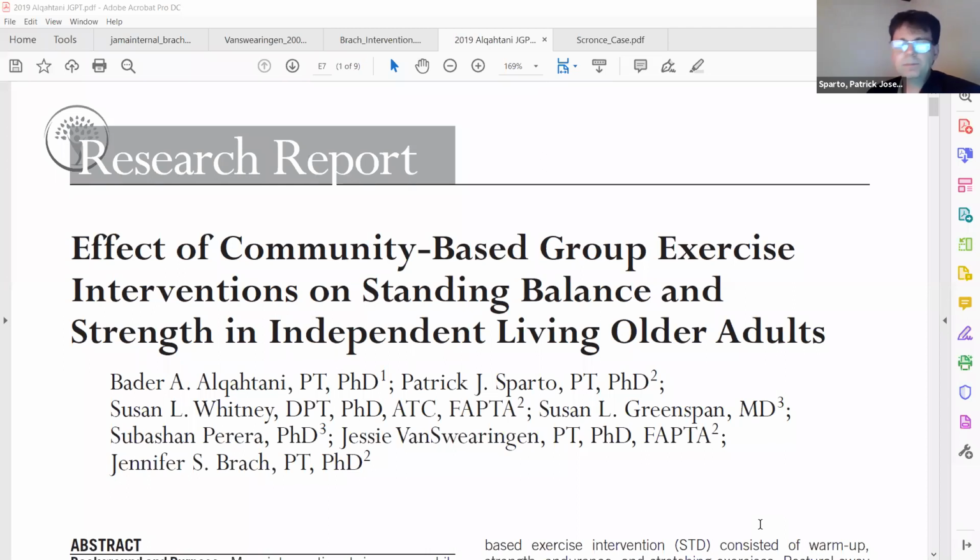Susan Greenspan is one of our collaborators at the University of Pittsburgh. She is an MD, a geriatrician, and her main area is looking at older adults who live in assisted living facilities.